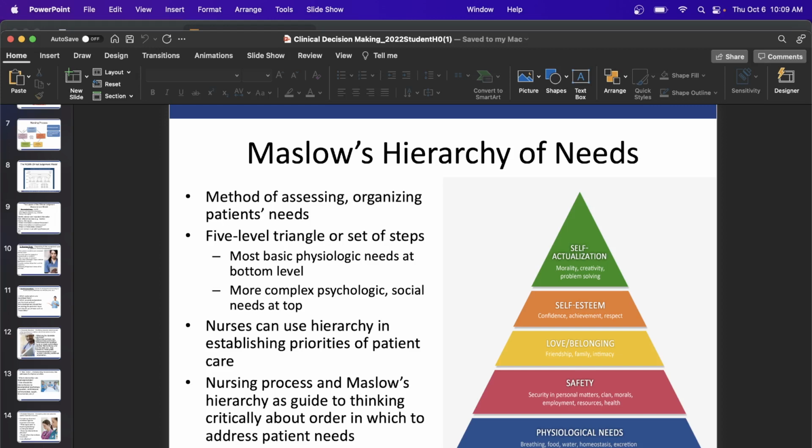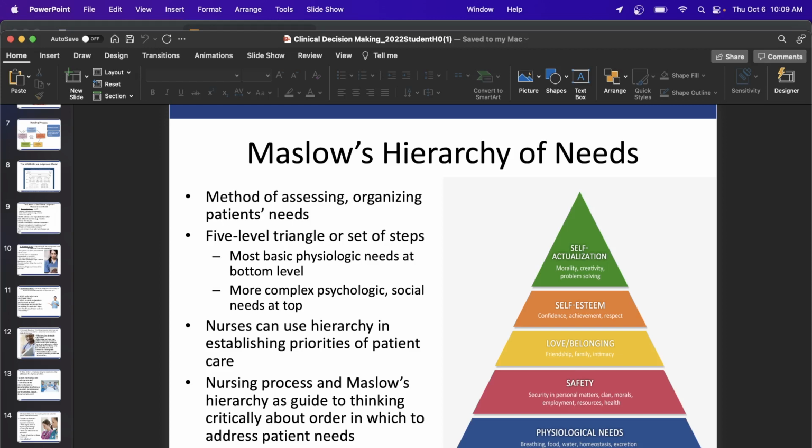I'm talking food, hydration, elimination, safety, shelter, basic needs that have to be met. Those are our high priorities. So the bottom two rungs of this, safety and physiologic needs, need to be met. Those are always going to be your high priorities.